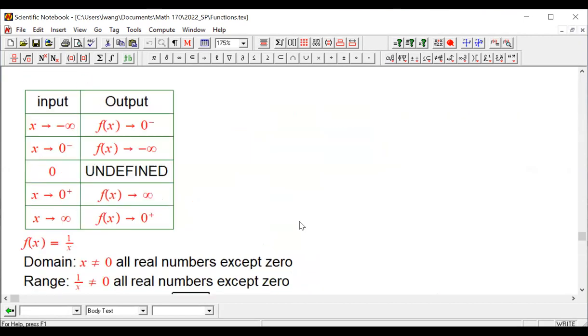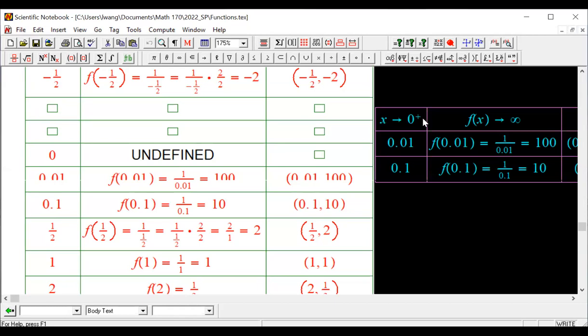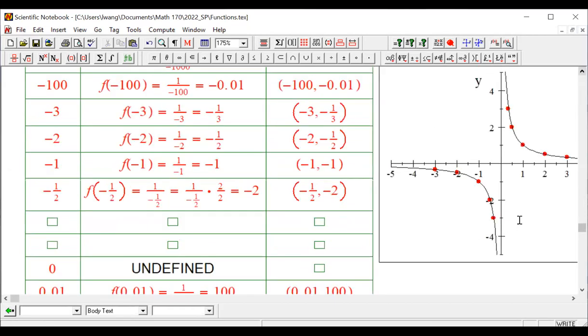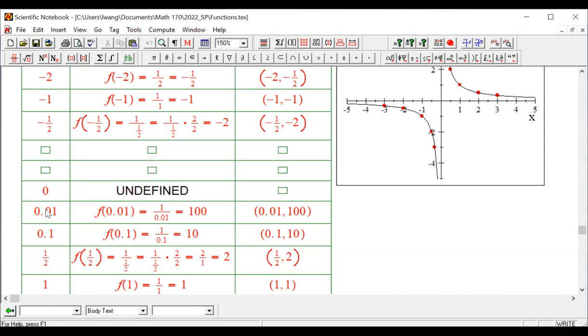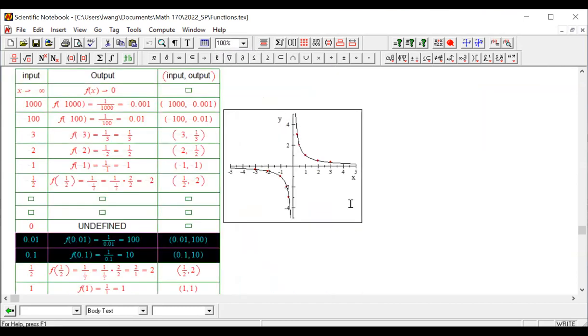So in this picture, I'm going to remove this one and bring the picture over here, with smaller fonts. Look at these two rows. Maybe I should make the fonts even smaller.